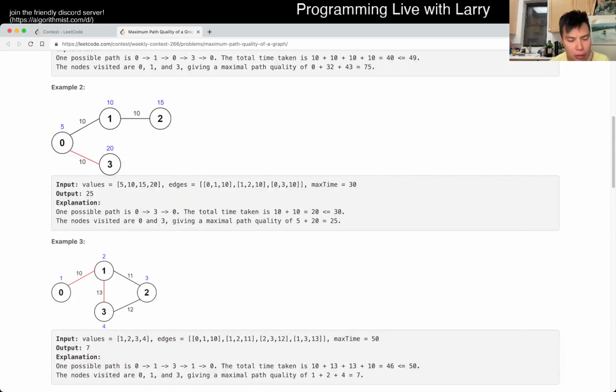Ending with 0. What does that mean? I have to draw it out. Maybe I try to think about it. Okay, I think I get it.